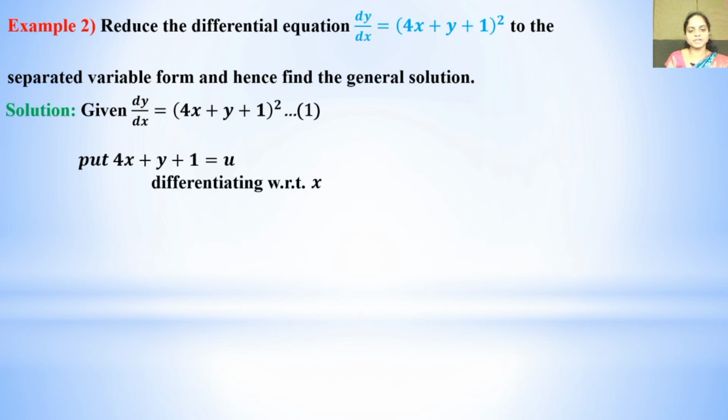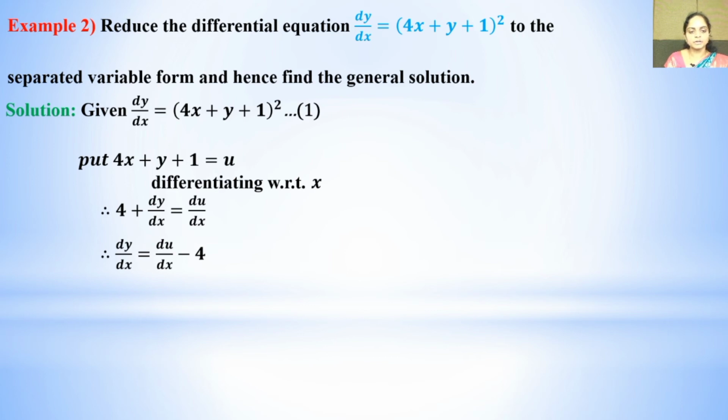On differentiating with respect to x, we get 4 as the derivative of 4x, plus derivative of y with respect to x is dy by dx, and derivative of 1 is 0, is equal to derivative of u, which is du by dx. That is, 4 plus dy by dx is equal to du by dx. Now we take the term 4 to the RHS, and we get dy by dx equal to du by dx minus 4.